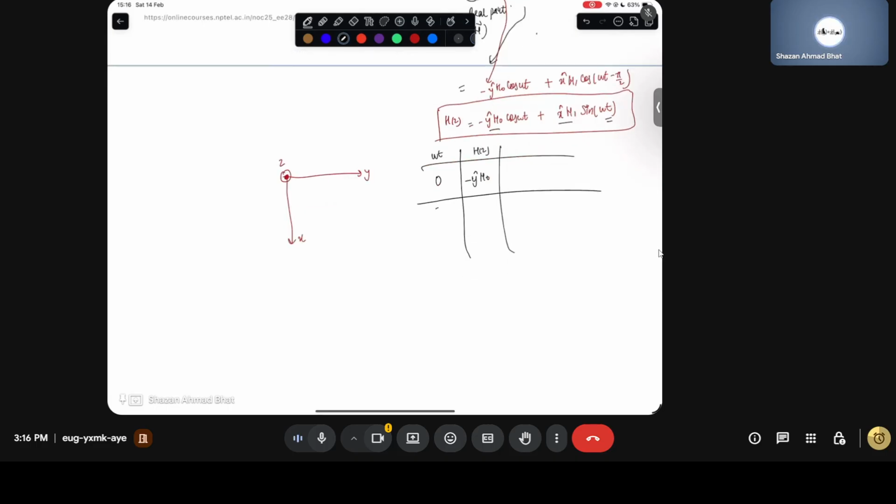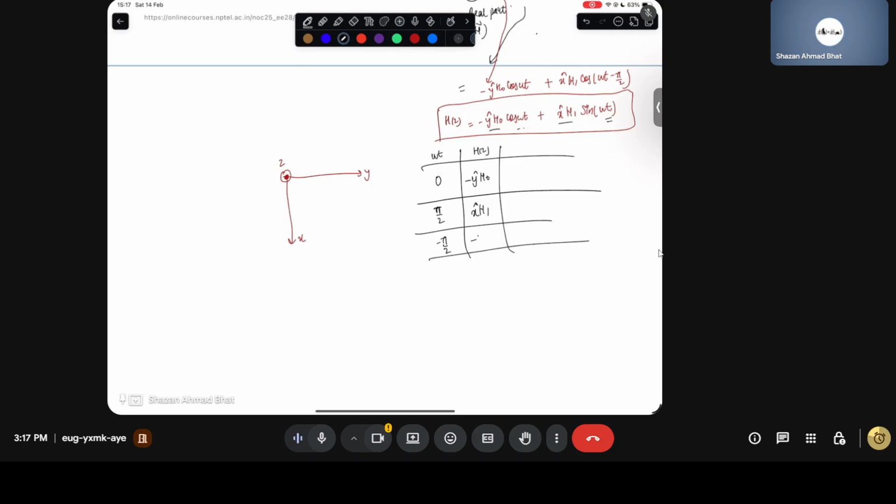Okay, at omega t equals pi by 2, the hz value will be x cap h1. At omega t equals, let's say minus pi by 2, what will be this cos of minus pi by 2? How much is it? Or it's basically cos of 3 pi by 2.